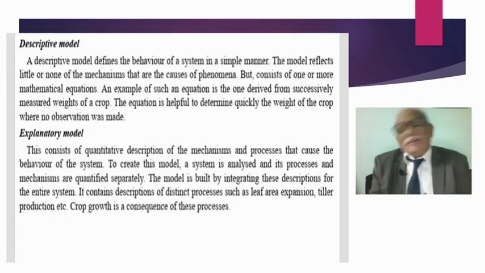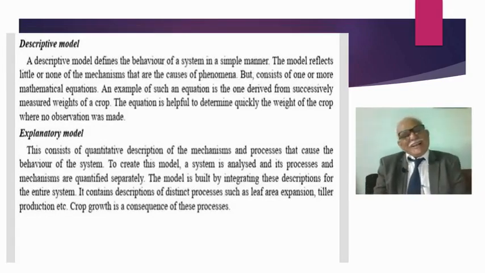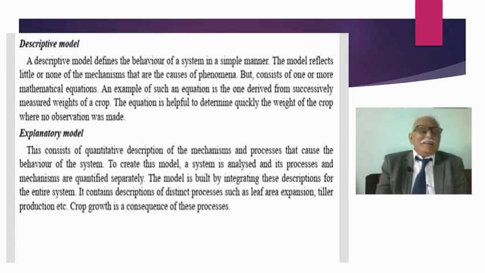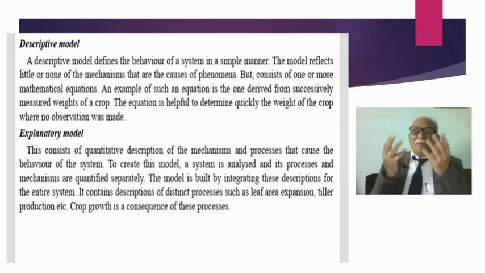And go to the descriptive model. Again, this is a wonder on the earth, a science wonder. The descriptive model defines the behavior of a system itself. You can see the behavior of the whole system. What else is required to model the behavior of a system? What is a system, you tell me? A crop is grown. It is grown as a monocrop, or it is grown as a mixed crop.